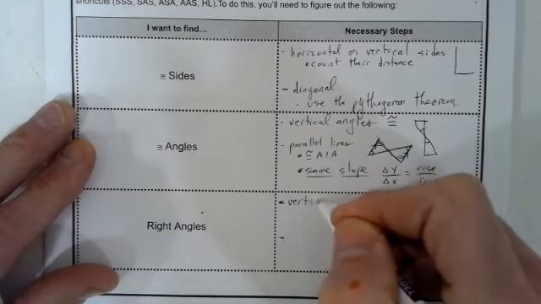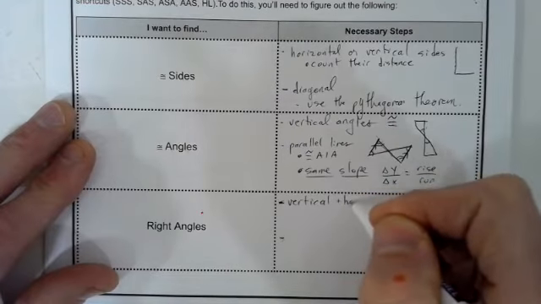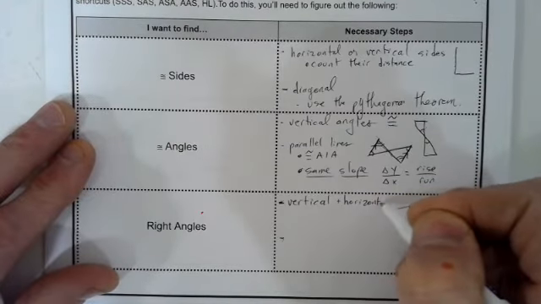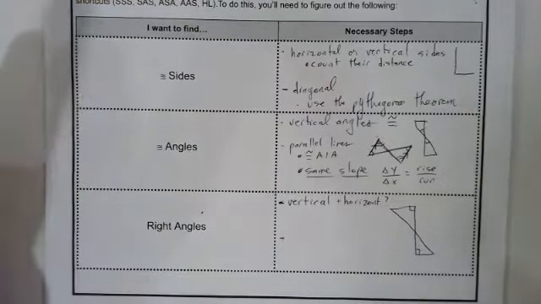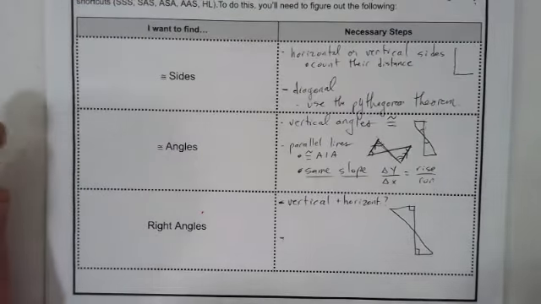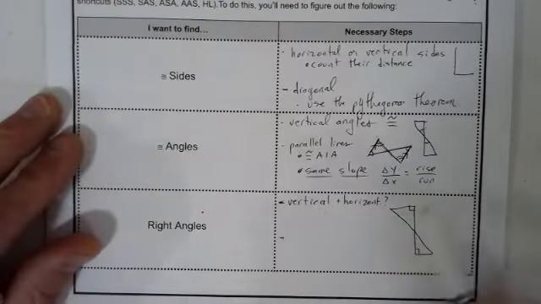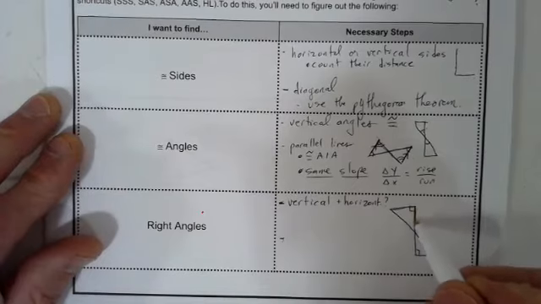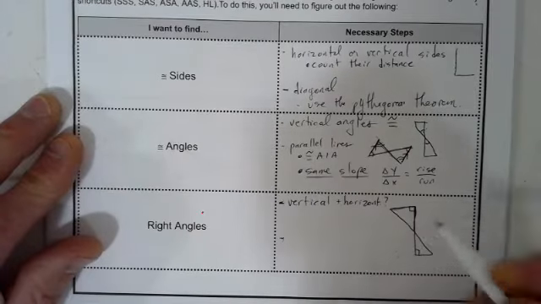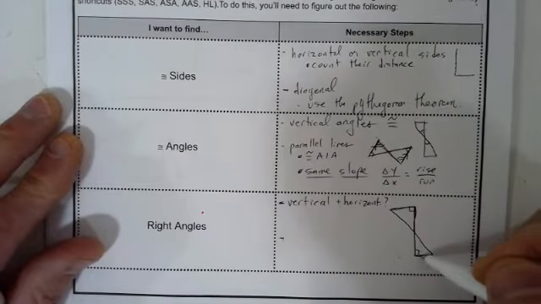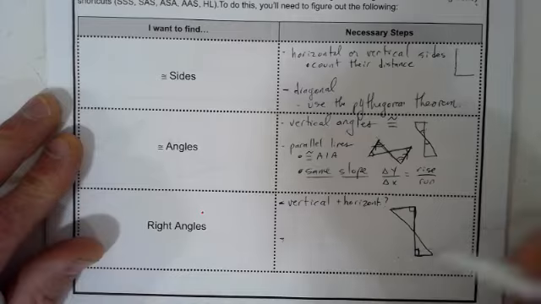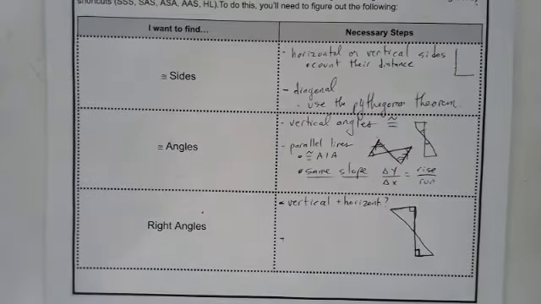Are the two lines that make them vertical and horizontal? Because if they are, then we know that this angle is going to be right, because vertical and horizontal lines are perpendicular to each other, and perpendicular makes that right angle. Okay, so that's our first check. Are they vertical and horizontal? If they are, sweet, we're done.